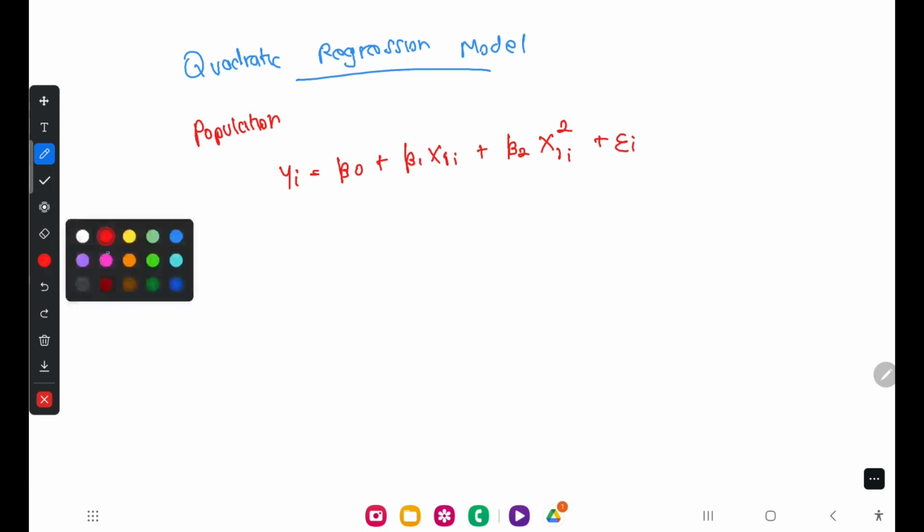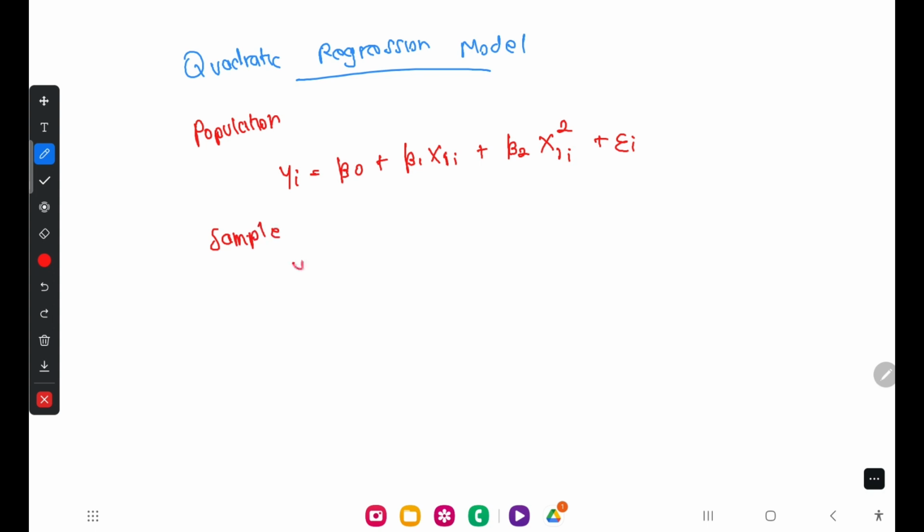So if I am writing the sample model, we simply put the beta naught cap, beta 1 cap x1_i plus beta 2 cap x1 squared.